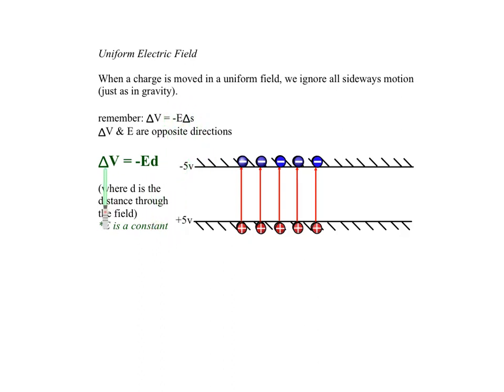The change in voltage is just equal to the magnitude of the electric field times the displacement in the opposite direction. So delta V is equal to negative E times d. This is the case for when the electric field is constant. And much like work is equal to the change in potential energy, which is equal to the change in voltage, now I have a relatively simple expression for the change in voltage in a constant electric field.